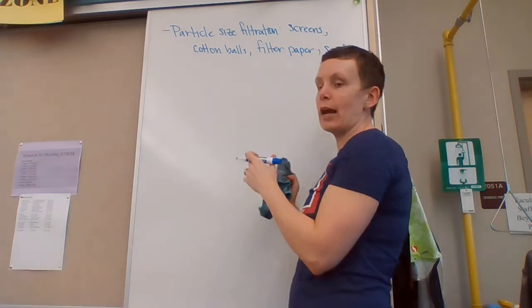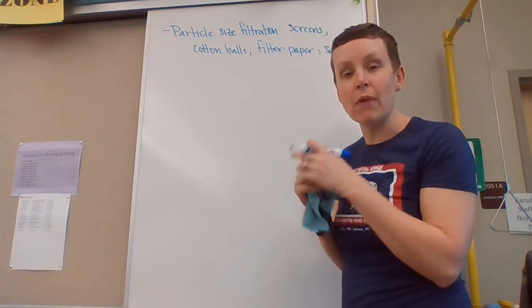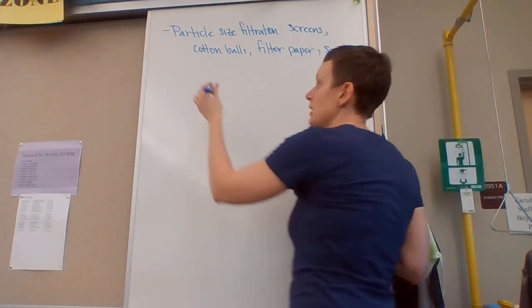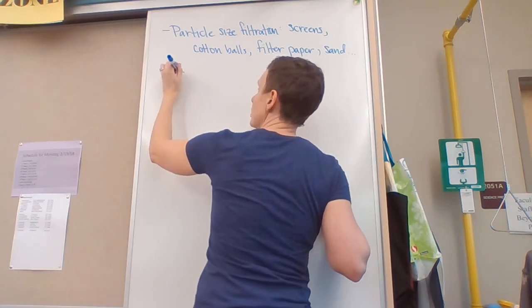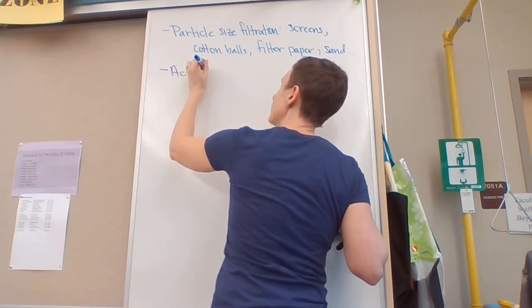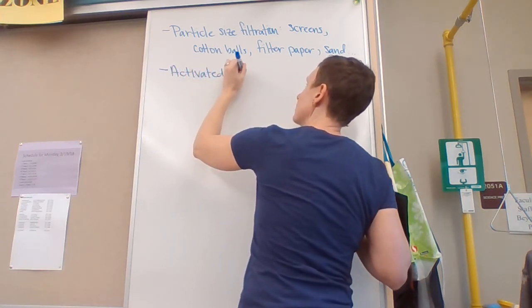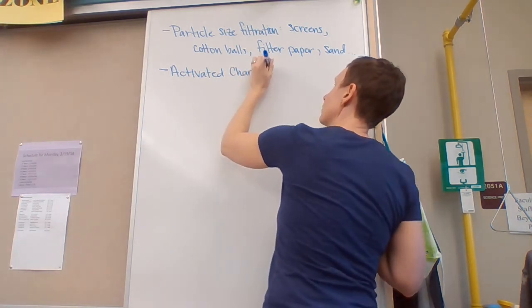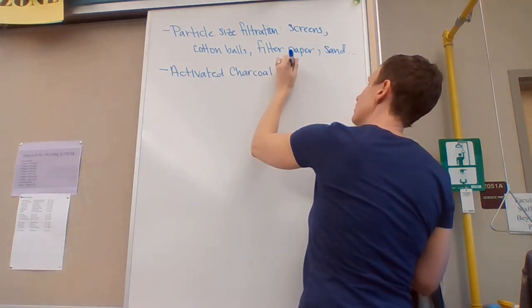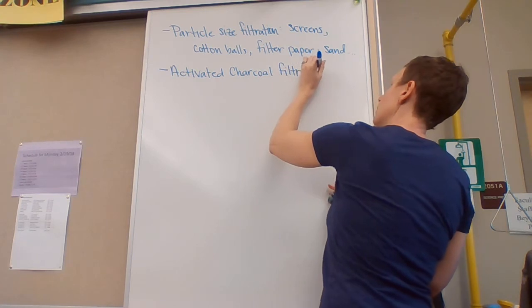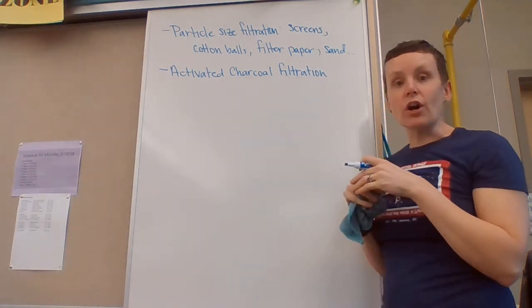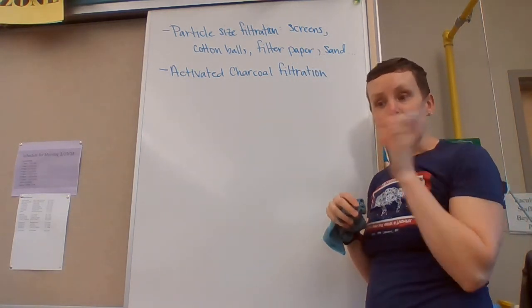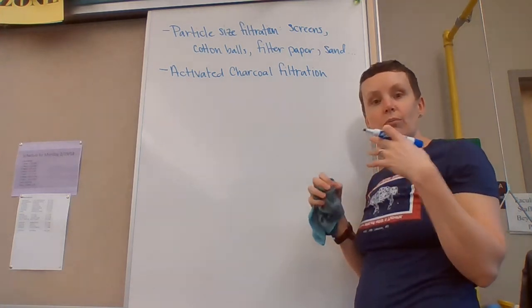Now, another type of filtration, which might be new to you, or might not, is activated charcoal filtration. We're going to talk about this one quite a bit because it's more complicated.